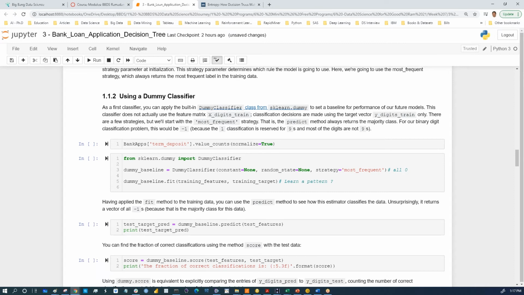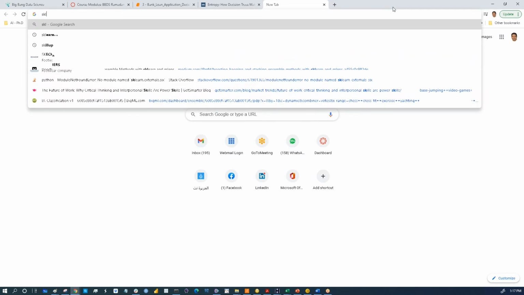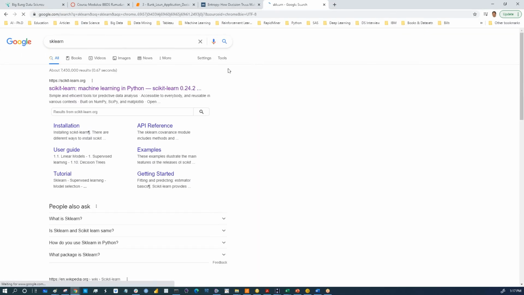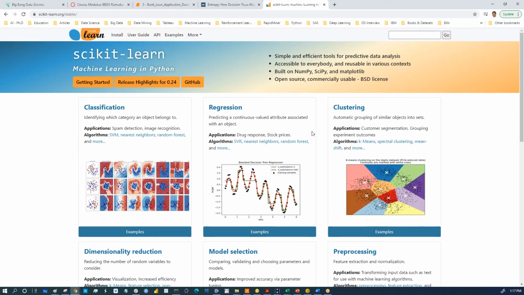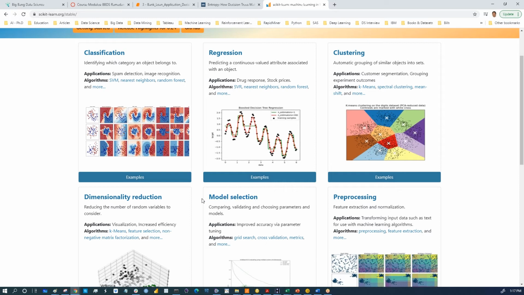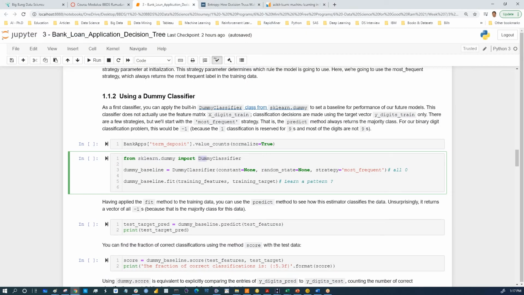So we are going to import from scikit-learn, the package we talked about last weekend. Of course, we cannot import the entire package because it's huge. So we are simply going to import whatever we need. From the modeling, we are going to import the dummy classifier, and we are going to make a guess based on the most frequent.